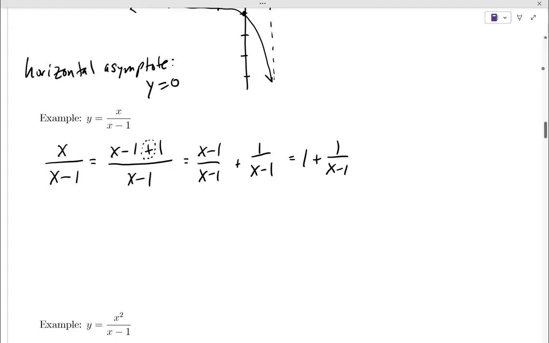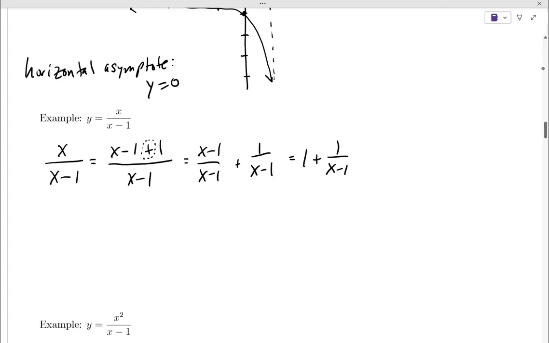It gets really, really close to 0, right? And then we add 1. So as x gets really, really big, the outputs are going to get really, really close to 1, because we're going to take something really, really close to 0 and add 1 to it, right?